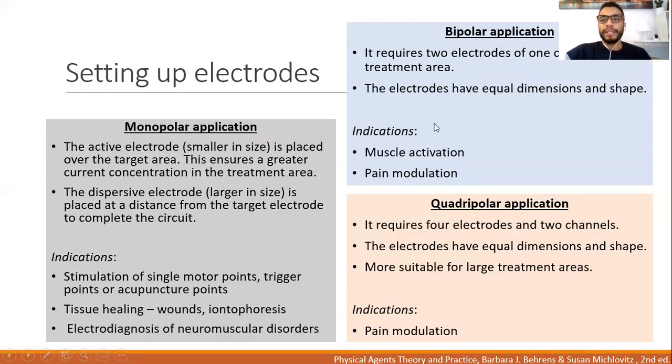The bipolar application is mainly used for muscle activation, contraction of muscles, and pain modulation. And the quadrupolar application is more suitable for large treatment areas for pain modulation. So in case of large areas, including the back, for example.